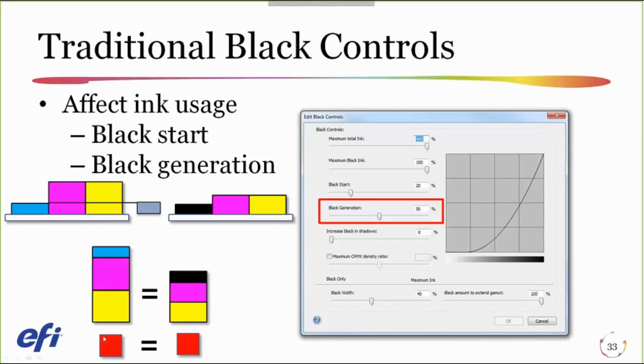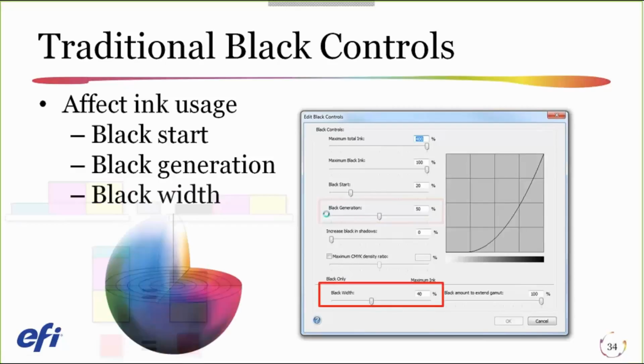It only does this to the limitation of being able to reproduce the color accurately. So there's a limiting factor there. Make sure the color looks correct. Now this is where you can save a lot of ink. And again, the farther to the right, the more aggressive your ink savings will be. The farther to the left, you're going to do very, very little GCR, very little black generation.